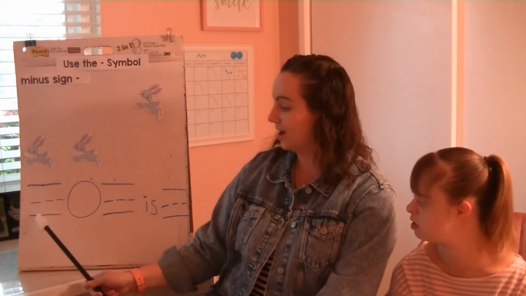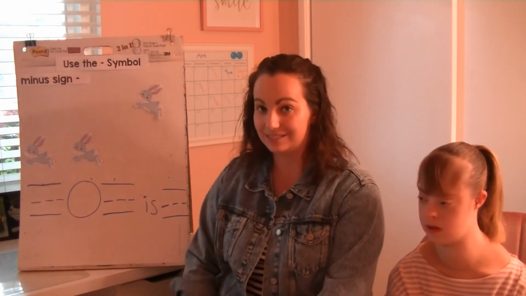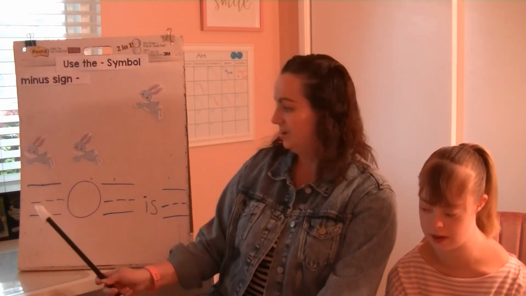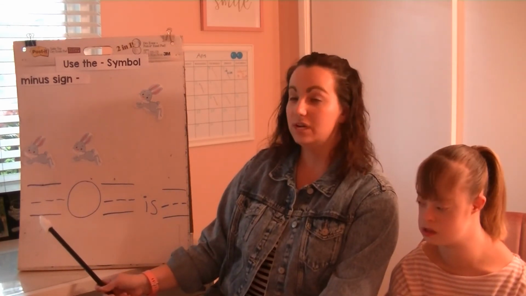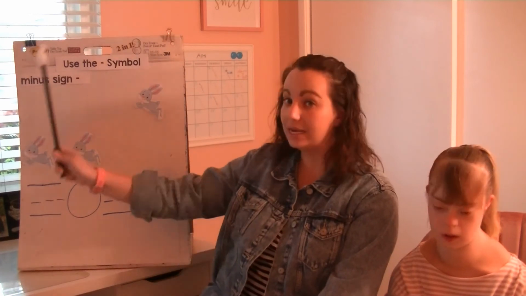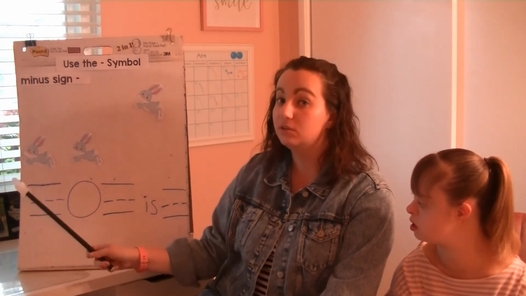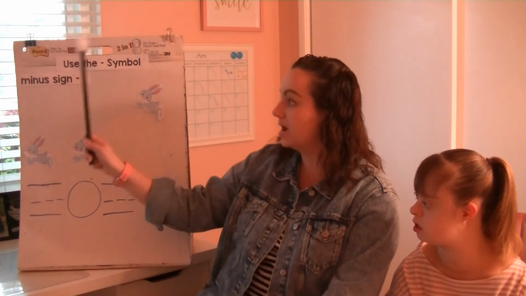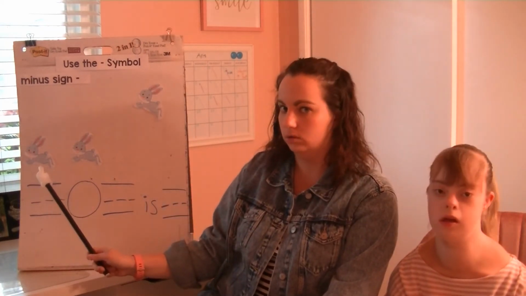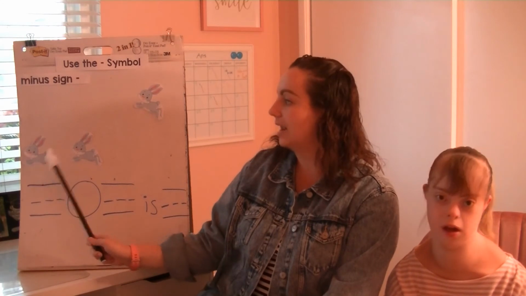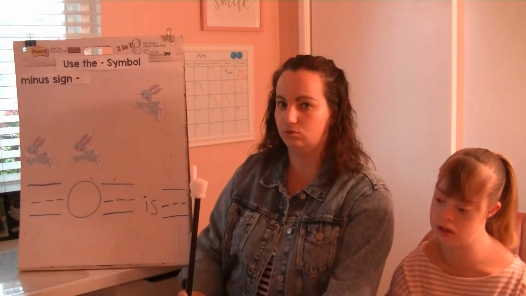Look up here. You have your subtraction sentence to solve. Write and solve. The first line, you need to write how many bunnies did there start with in the field? How many bunnies were there in all, okay? So go ahead and count all the bunnies you see.